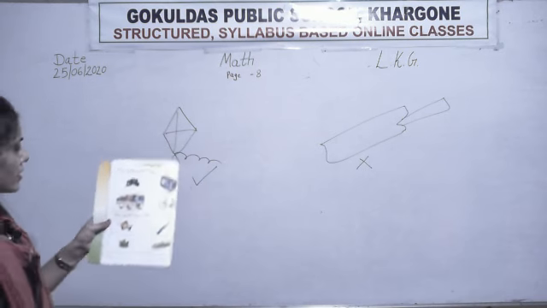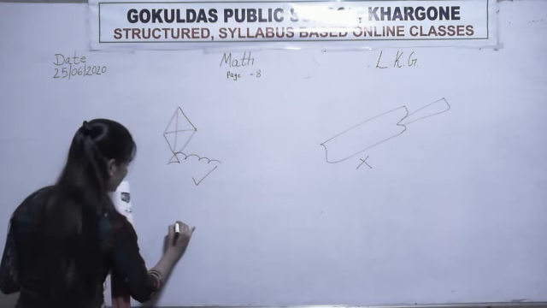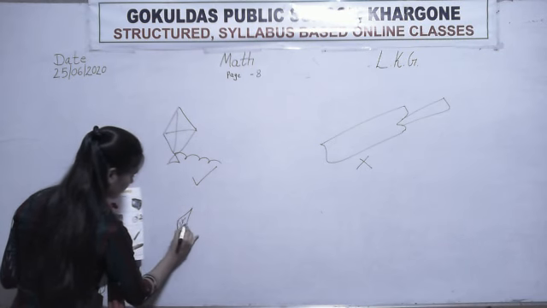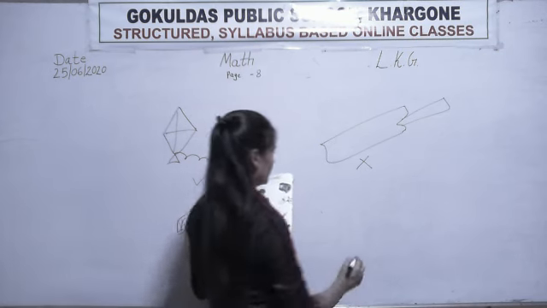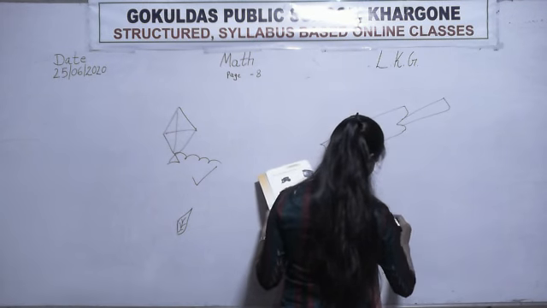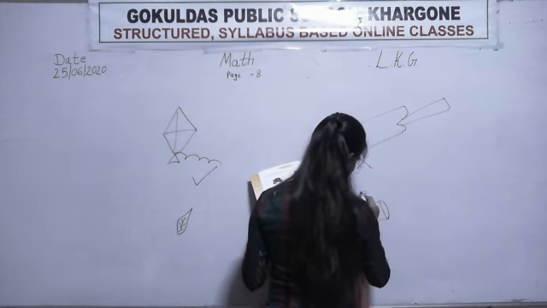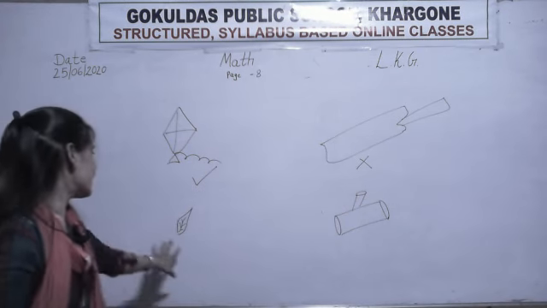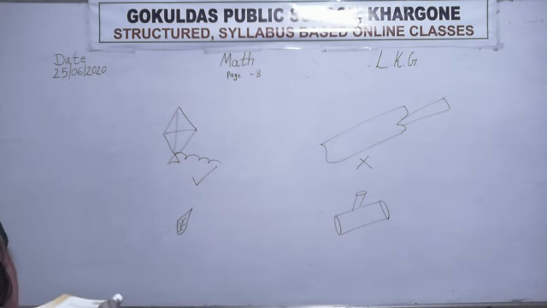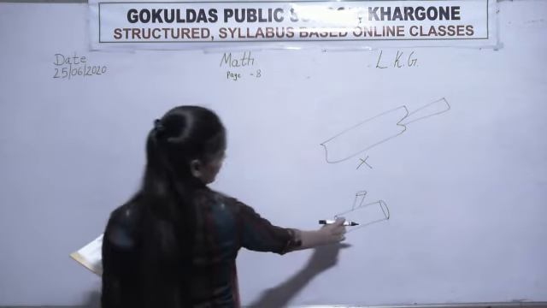And second is this one is a leaf and this one is a log. So which one is heavier, which one is light?